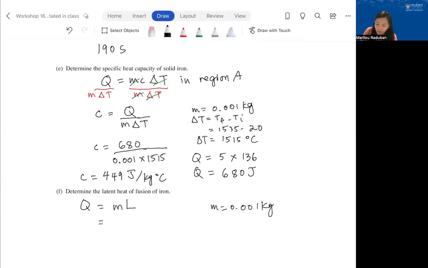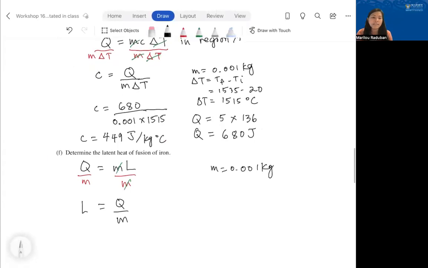We want to find latent heat L, so we need to rearrange this equation to isolate L. L is tied to the mass via multiplication. That means we need to divide by the mass, and we have to do the division on both sides. Therefore, L is equal to Q divided by M.